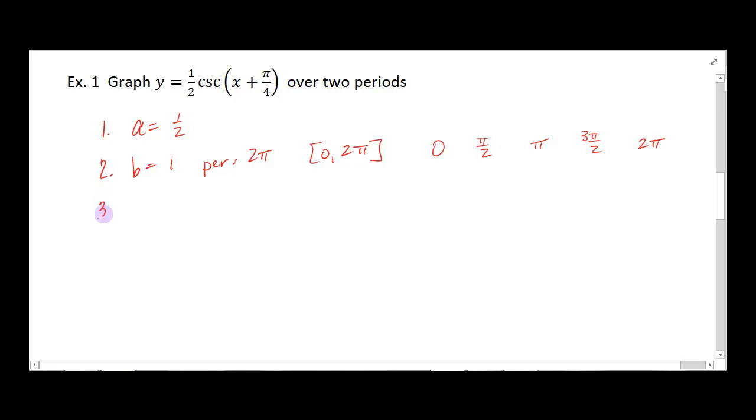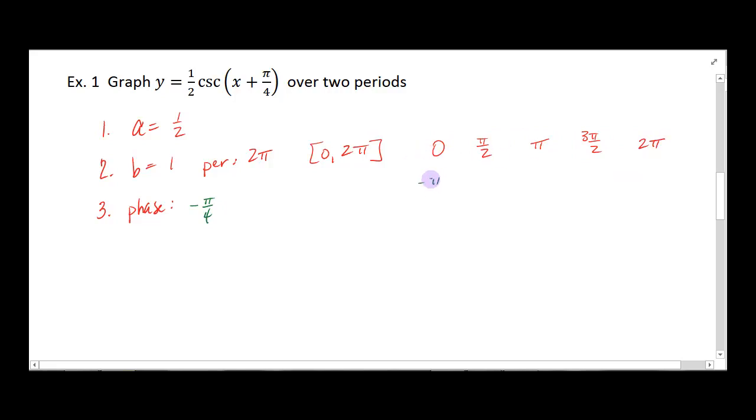The third thing I want to address is the phase shift. This function has a phase shift since I am adding something to the variable x, and this is going to be the opposite sign, so we are technically subtracting pi over 4 from each of the points that I've just created.